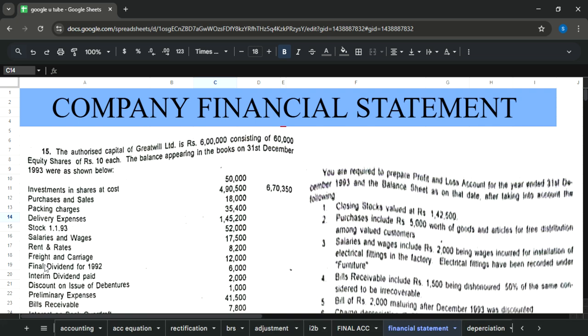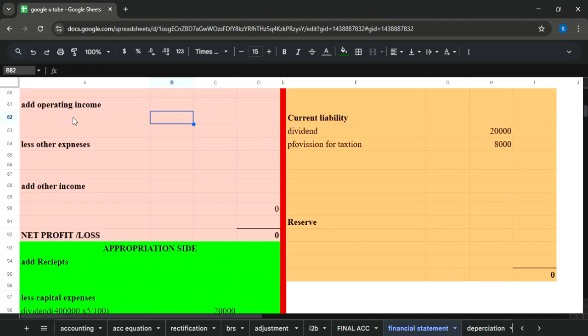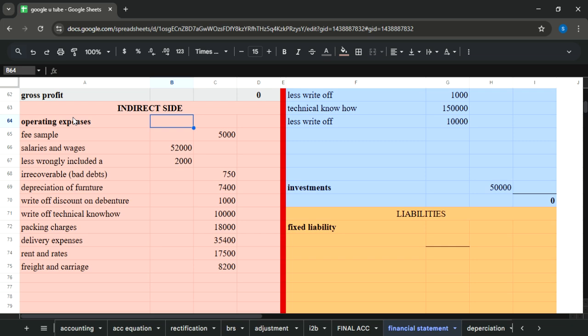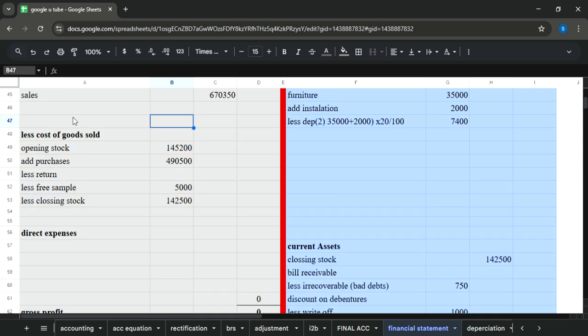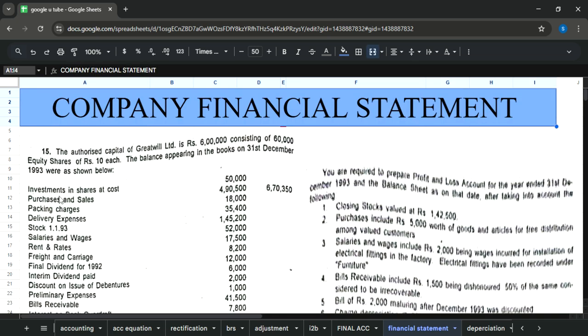Then we have final dividend. For that, we will go to appropriation side, and there we will be writing dividend, and it was actually final dividend. Better to mention that it is final dividend. Amount of dividend present over here, final dividend, and the amount mentioned is 12,000.